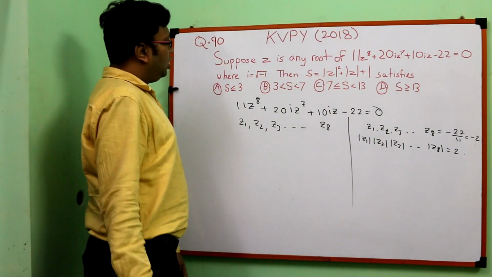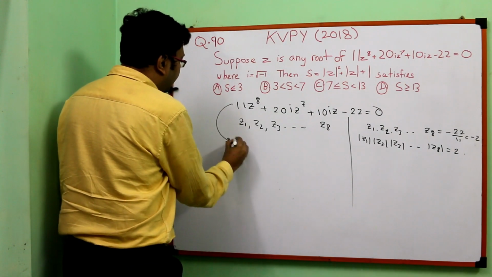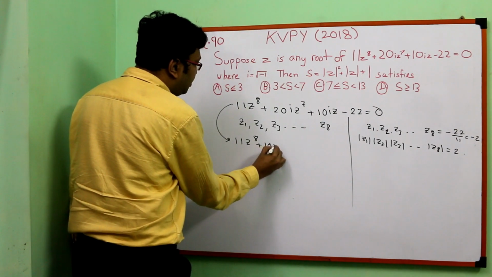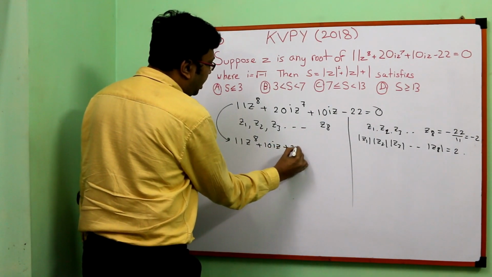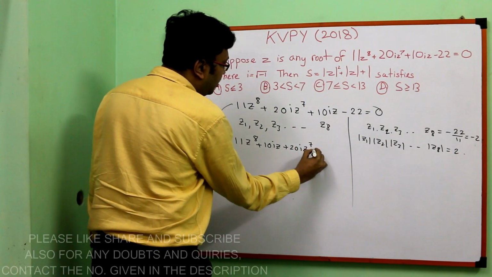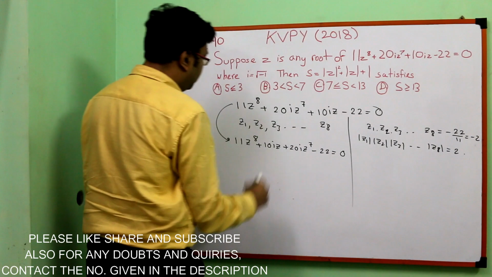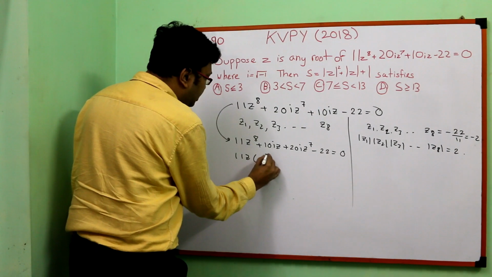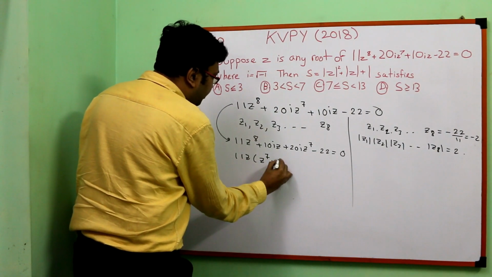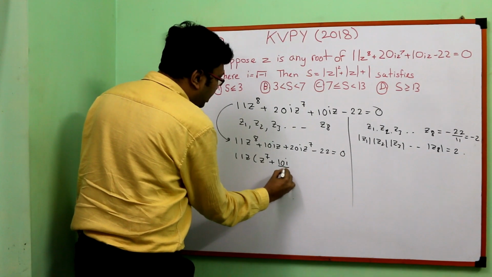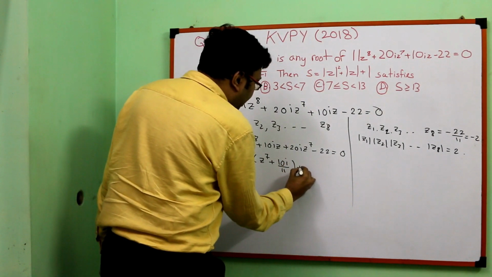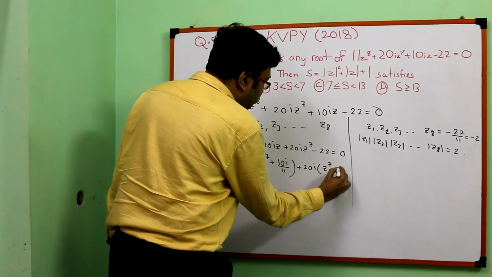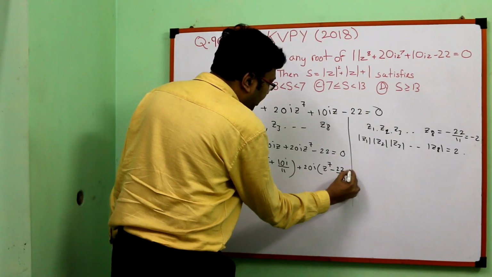Now, if I rewrite the polynomial again, then it is 11z to the power 8 plus 10iz plus 20i z to the power 7 minus 22 equal to 0. We get 11z into z to the power 7 plus 10i by 11 plus 20i into z to the power 7 minus 22 by 20i equal to 0.